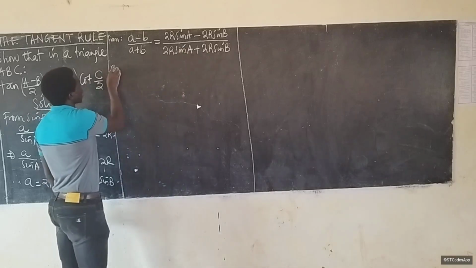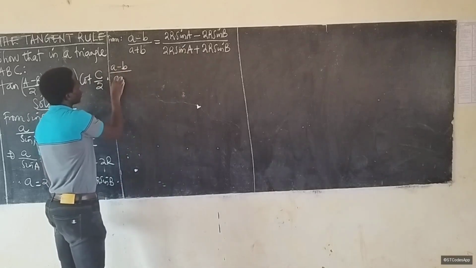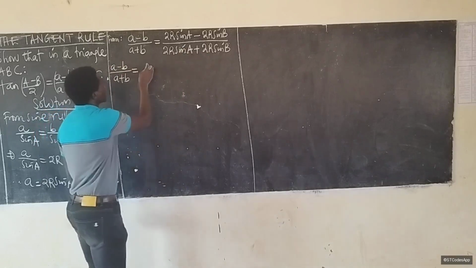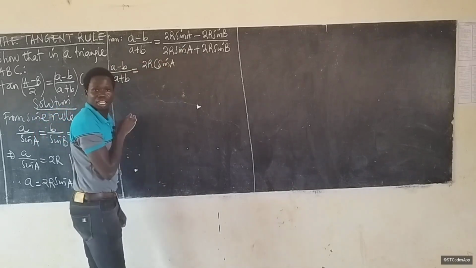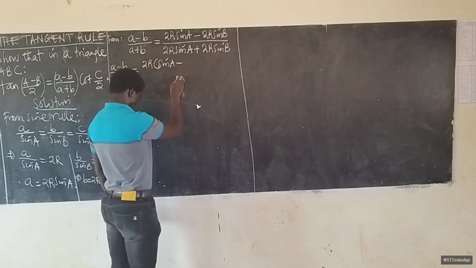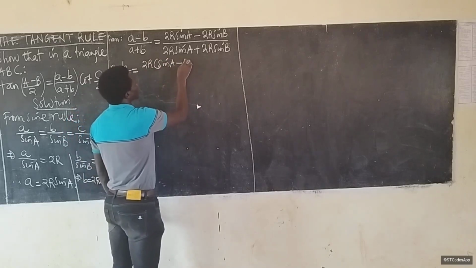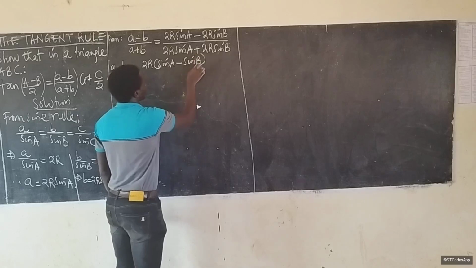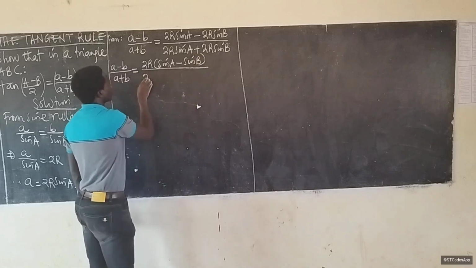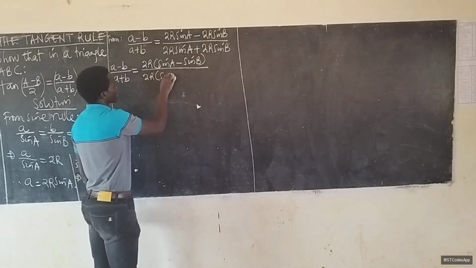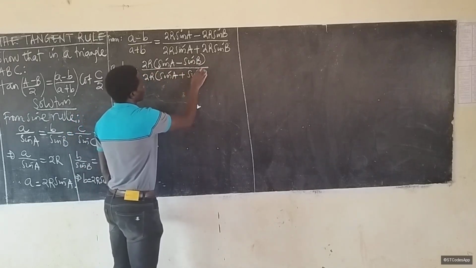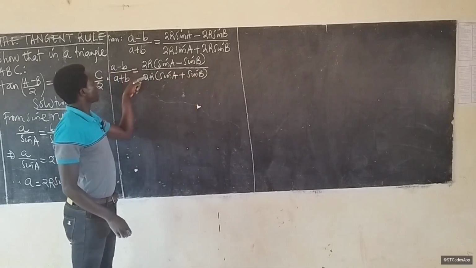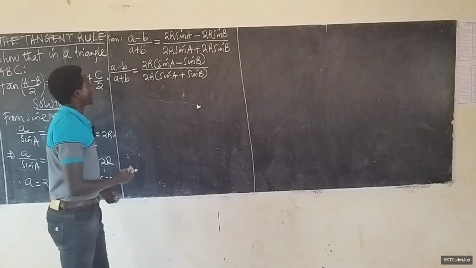So a minus b out of a plus b gives me 2R, open a bracket, sine A minus sine B, out of 2R, open a bracket, sine A plus sine B. You realize that 2R both up and down will cancel themselves.